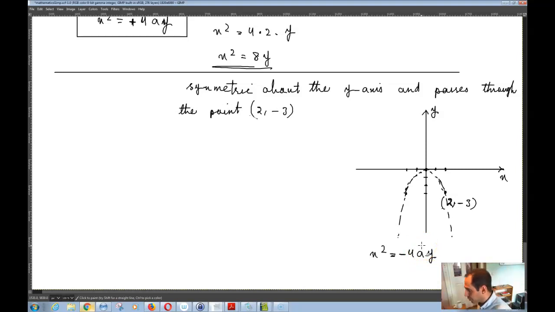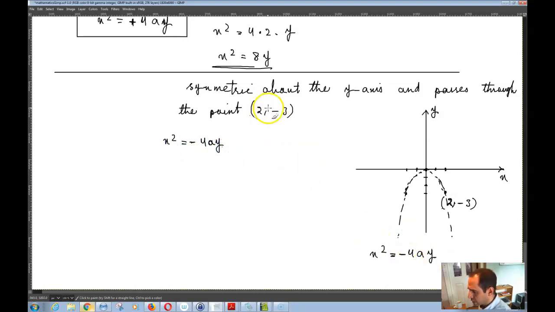But I know that the parabola that opens downwards and is symmetric about the y-axis, the equation of that parabola is going to be in this form: x squared is equal to negative 4ay.